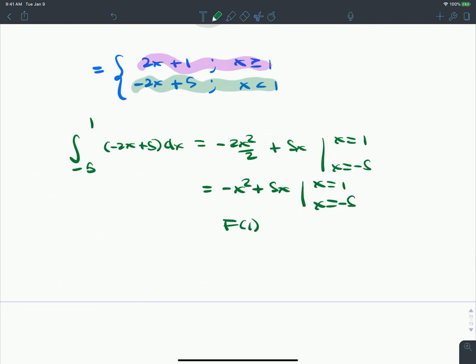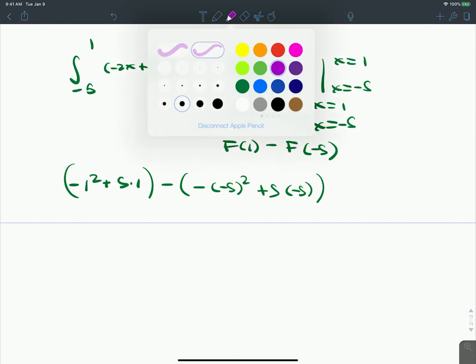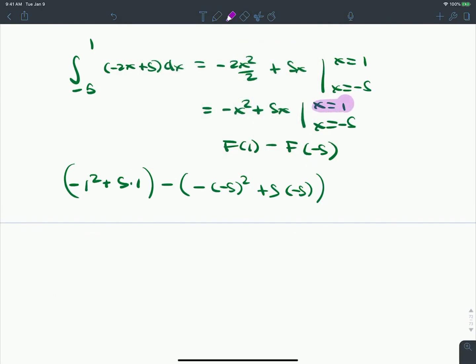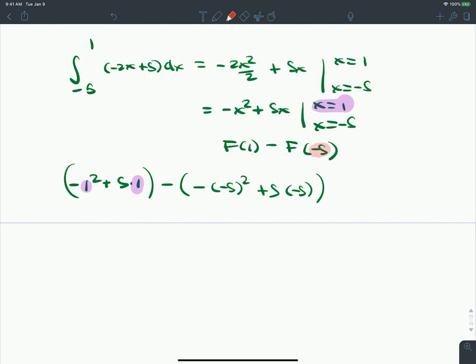So this will be f of 1 minus f of negative 5. So we get negative 1 squared plus 5 times 1 minus negative 5 squared plus 5 times negative 5. Make sure you applied your upper limit value and then your lower limit value here.